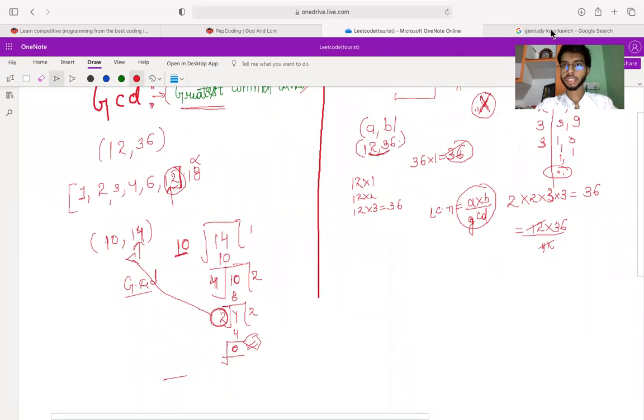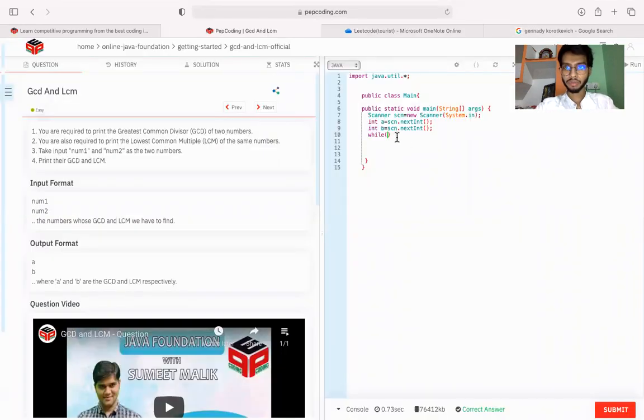For example, until a modulo b is greater than 0, I'm just going to run this loop. Until my remainder becomes 0, I'm going to run this loop, and I'm going to do the same thing in that loop.